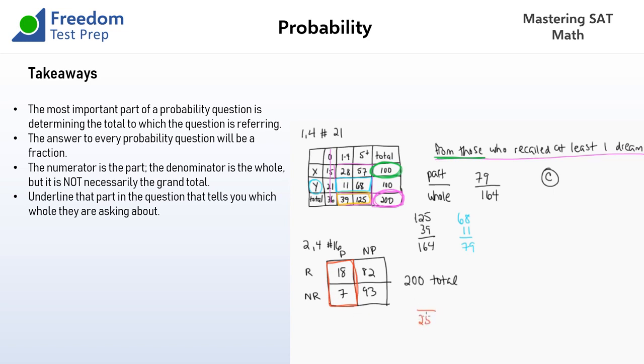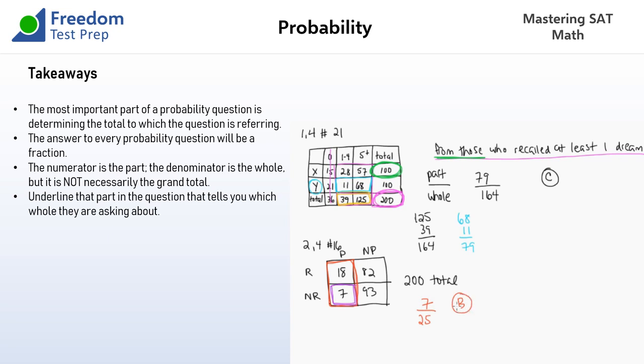So our denominator is 25. The question goes on, what is the probability that the person chosen did not take the review course? Well, here's the no review, right? This part is the no review. So we've got a 7 for our numerator. And the answer here is B.